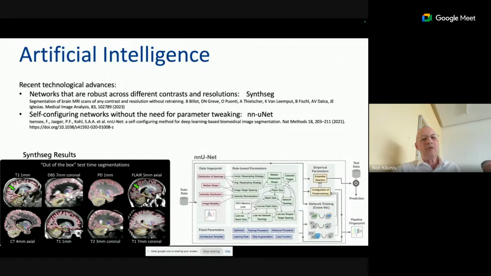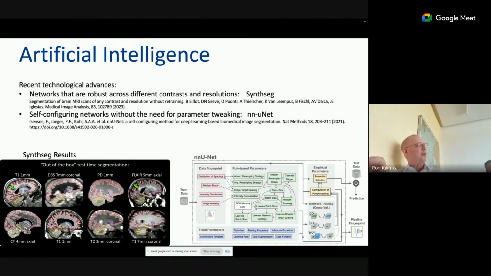Where are we today in our field? I'm giving you 2 examples. One comes out of the Martinos Center, the group around FreeSurfer. They basically took results of FreeSurfer segmentation and used the labels to train a network, and combined it with a trained network to perform interpolation.